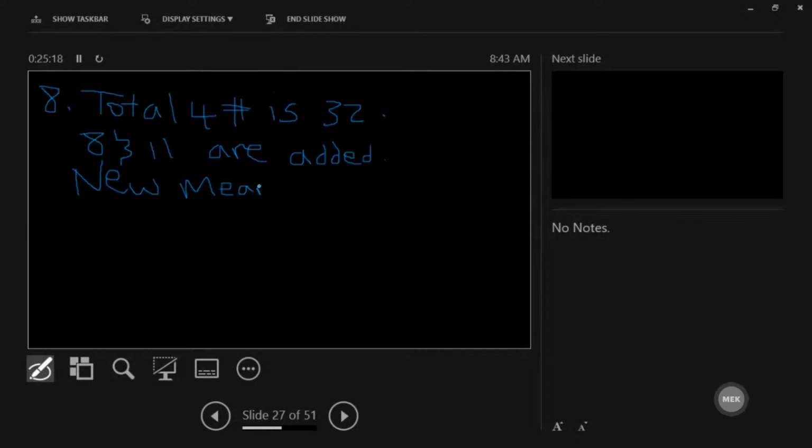Think about that. The total of 4 numbers is 32. 8 and 11 are added. What is the new mean? Think about that one, scholars, and let me know.